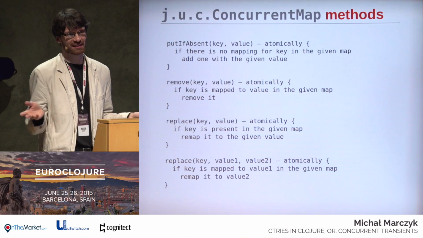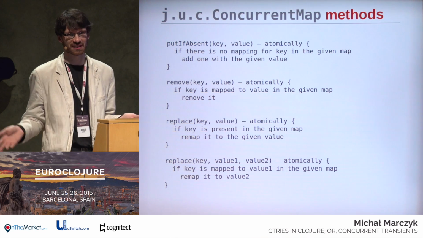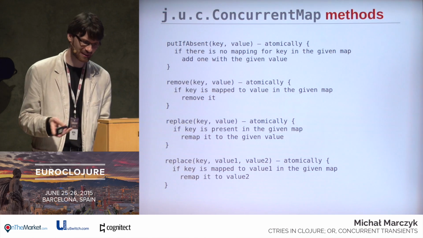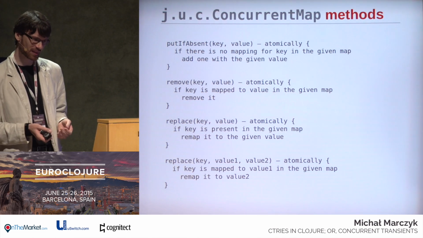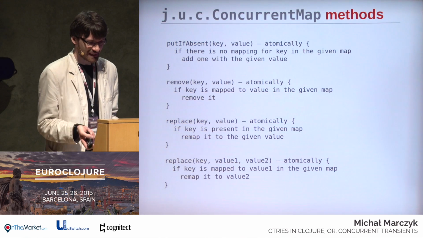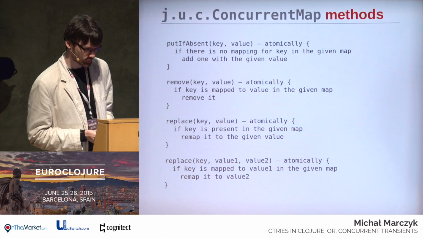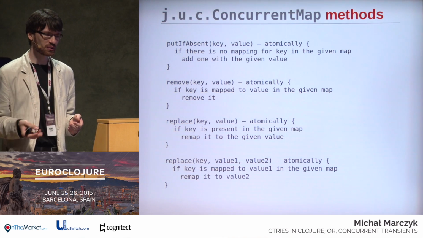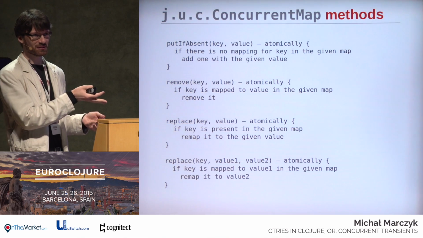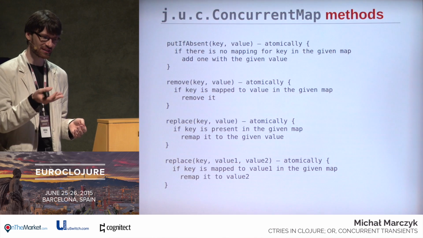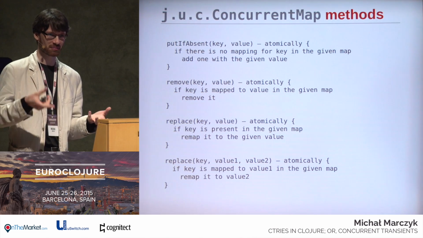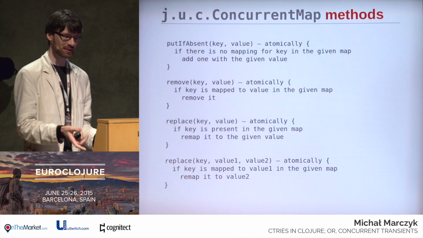And at some point, I might fold in what seems to be the best approach into the library proper. I haven't done so far. But the features are accessible as Java methods. And as you can see, they all amount to swapping a key in or out of a map based on some condition related to the presence of that key, possibly with a particular value, in the map.